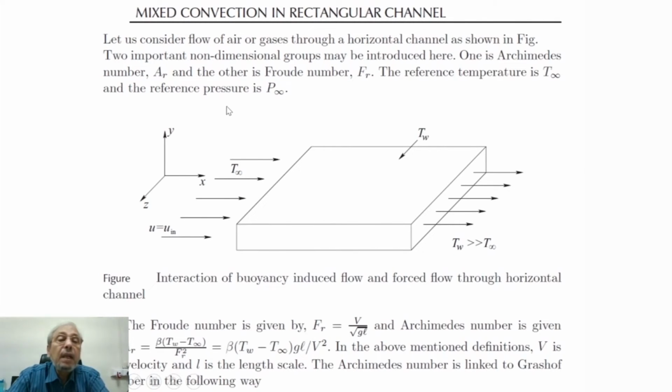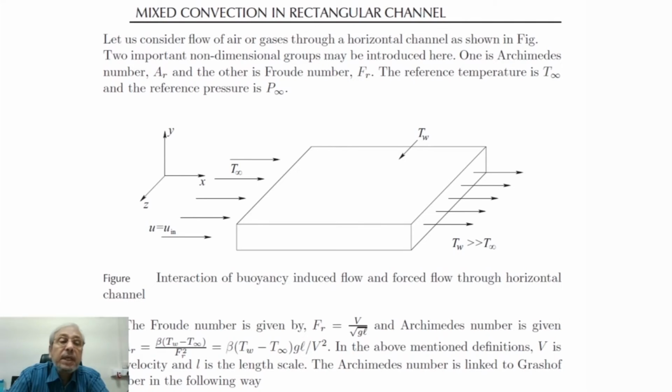Now we will touch upon the mixed convection scenario. Mixed convection, here we have shown through a rectangular channel. Let us consider flow of air, or other gases also we can consider, through a horizontal channel as shown in the figure. Two important non-dimensional groups may be introduced here.